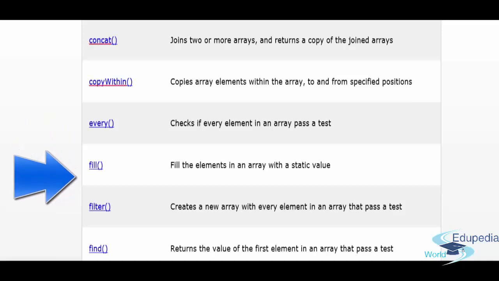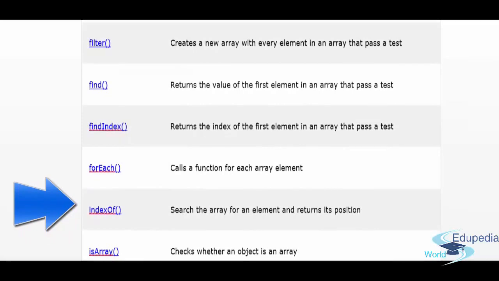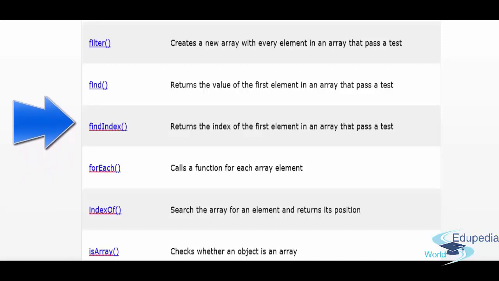Fill fills the elements in an array with a static value. Filter creates a new array with every element in an array that passes a test. And find returns the value of the first element in an array that passes a test. findIndex returns the index of the first element in an array that passes a test.